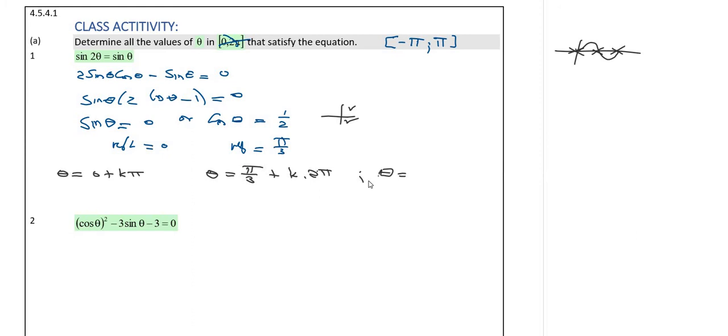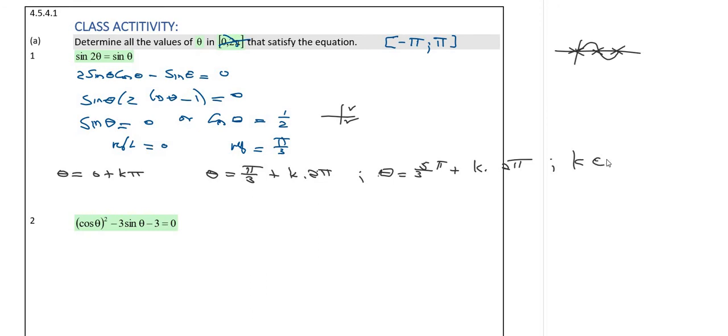So it's 2 pi minus pi over 3. That is 5 pi over 3. So theta is 5 pi over 3 plus k times 2 pi. Okay, so that's now the general solution.